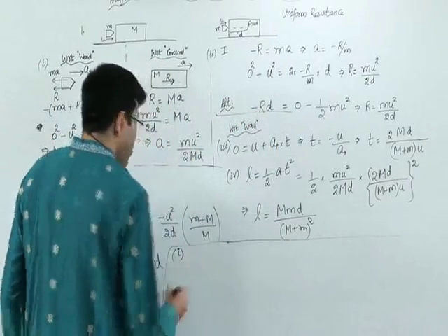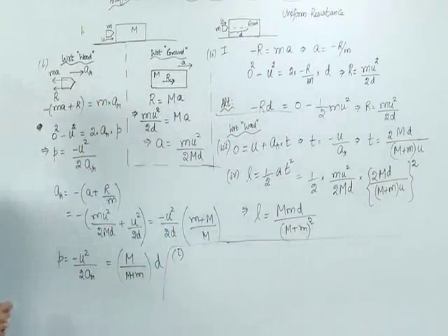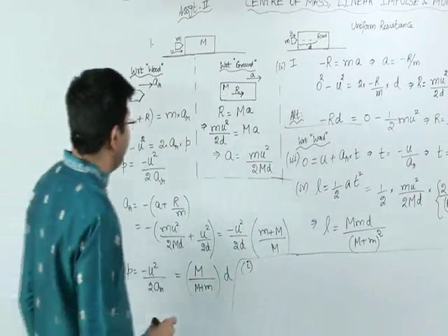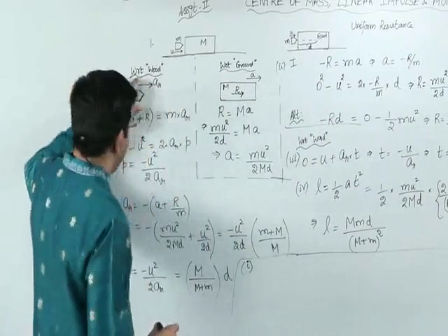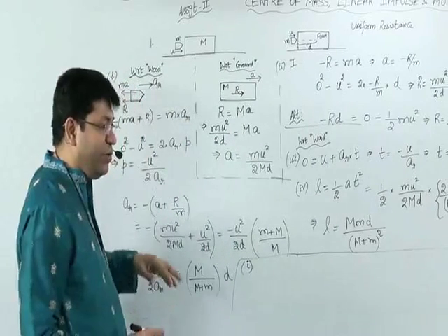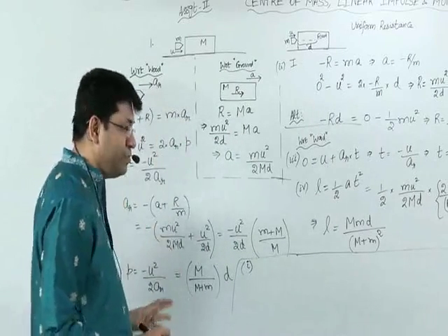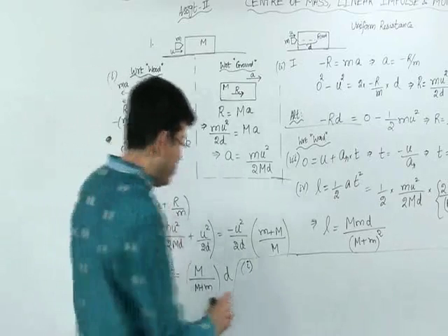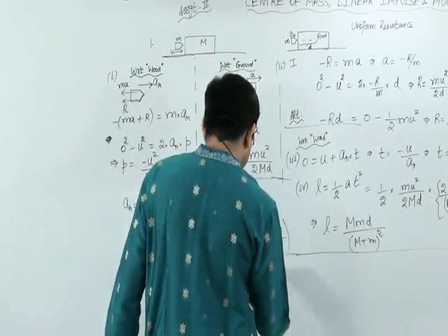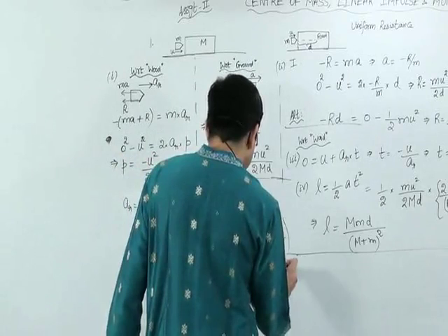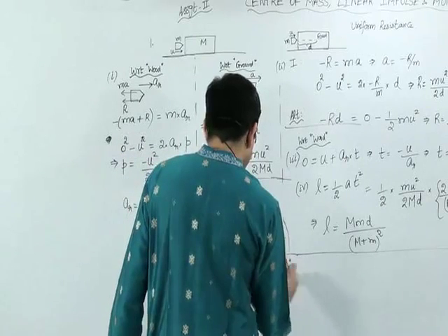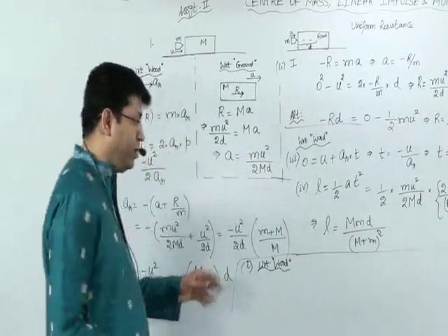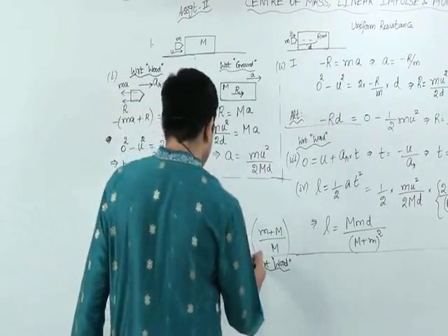Subdivision 1, to find the penetration: now, work energy theorem with respect to which reference frame? With respect to wood. With respect to wood, now we are doing an alternate method.